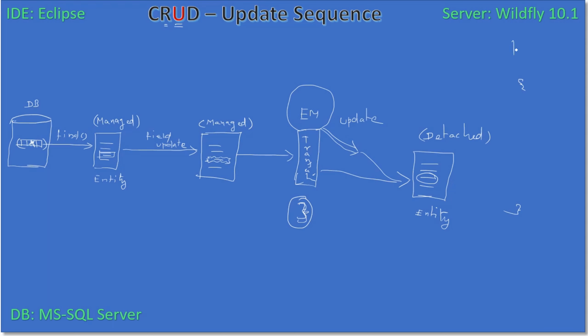Let's say this will be our bean instance, a stateless session bean, which is holding the entity manager. As we already said, the sequence of operations will be like this. One, you will find a record, then you will perform the field update. This is where the information will feed from the HTML form and the servlet controller layer.